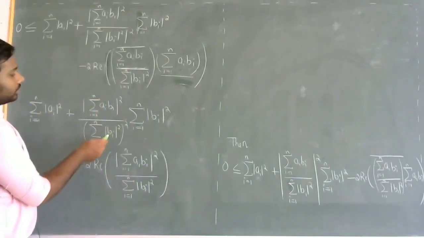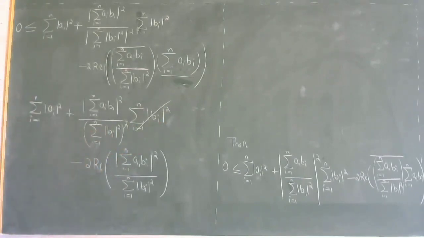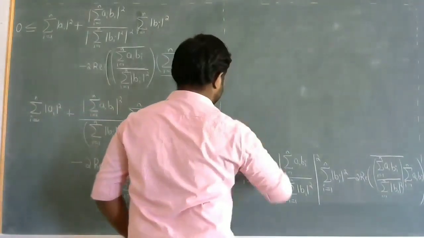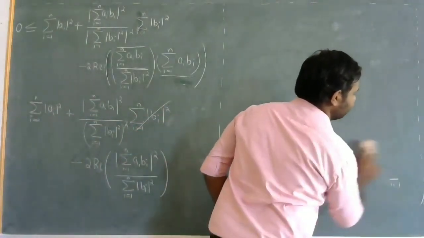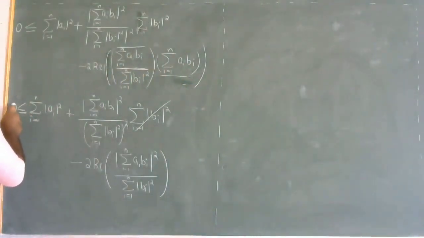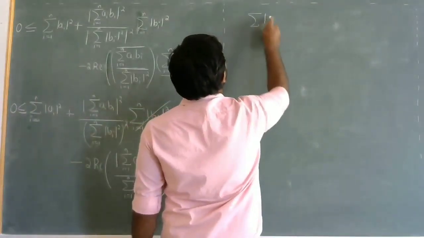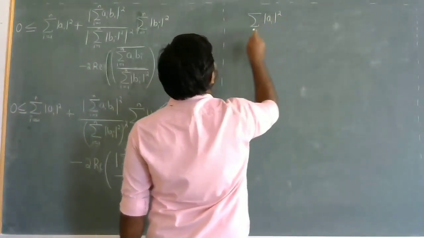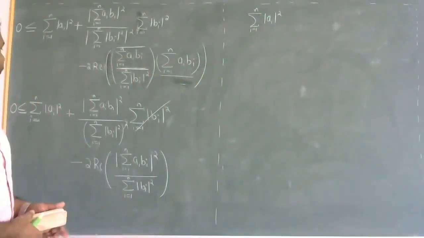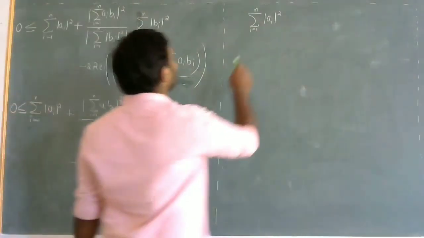Now this number is nothing but this number, so 1 times gets cancelled. So what will be remaining? This step is greater than or equal to 0 once again. So summation modulus of ai square, i running from 1 to n. 1 times gets cancelled, so 1 times will be in the denominator.